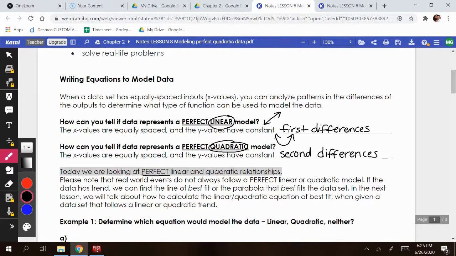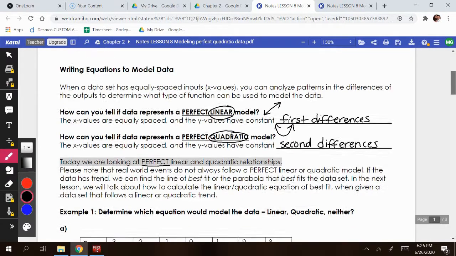In the next lesson, we'll talk more about how to calculate linear and quadratic equations of best fit when given a data set that follows a trend. So today we're looking at perfect data sets where all the data points either fall on a line or all fall on a parabola.